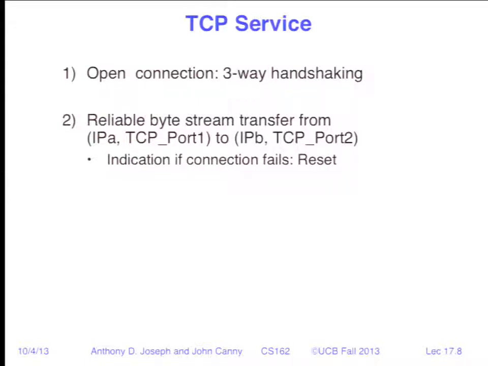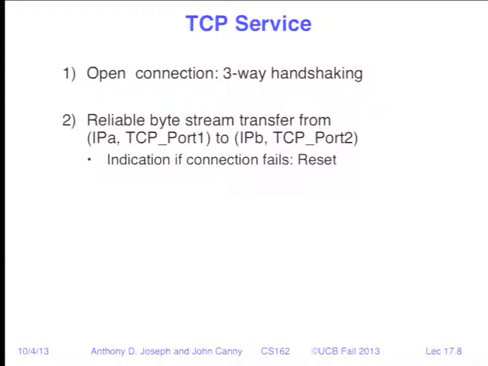Now, I did say it provides this guarantee of reliable, in order, at most once delivery. But the real world is not perfect, and connections can fail. Right? So if I'm talking to the access point in this room and the power goes out, what are the odds of that happening? Then there's no way my packets are going to get through.